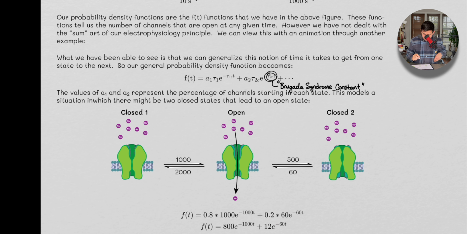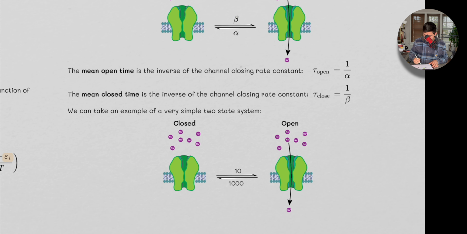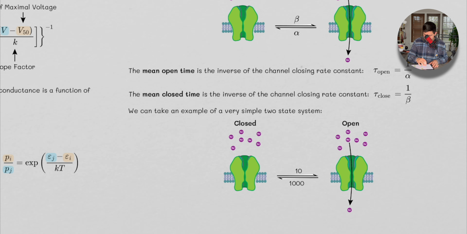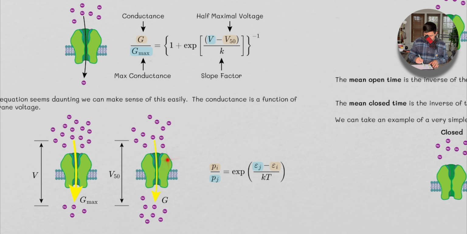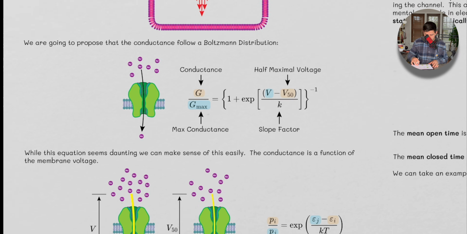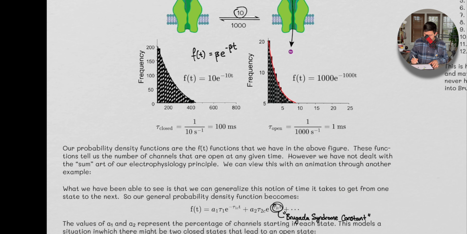And so that could be this state right here. Suppose that we could say, I already made this to be closed, but this could be open and just not conducting. It could be something open, but it's just not allowing the flow of ions through.